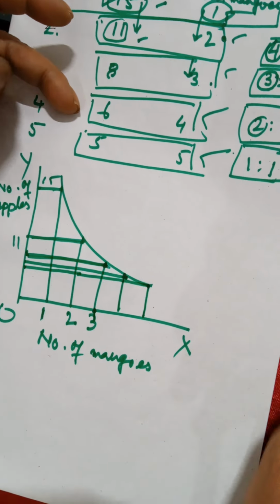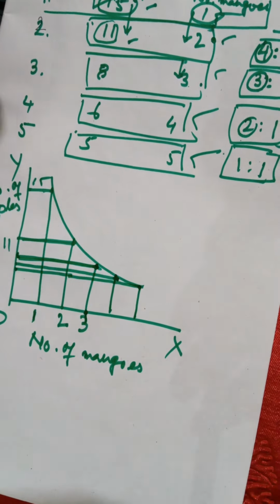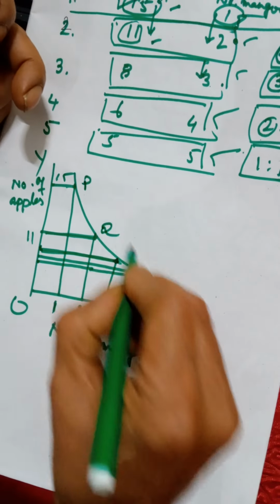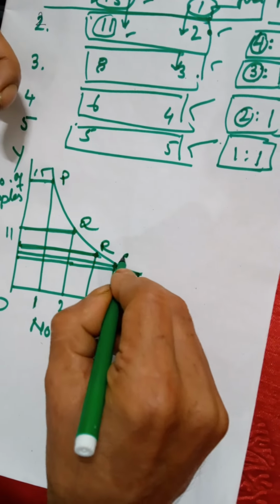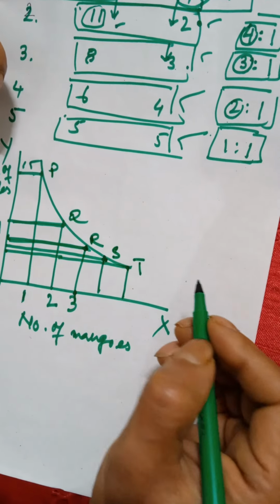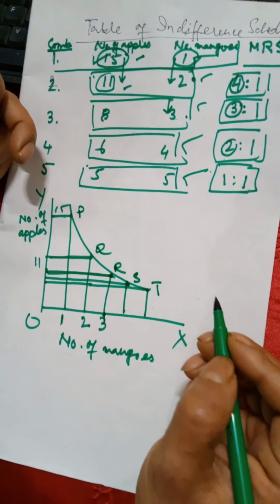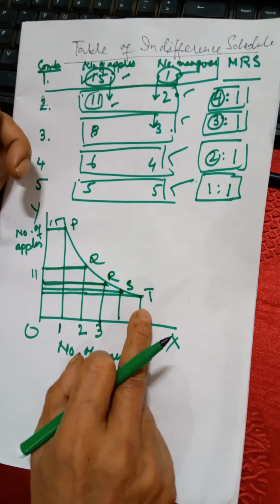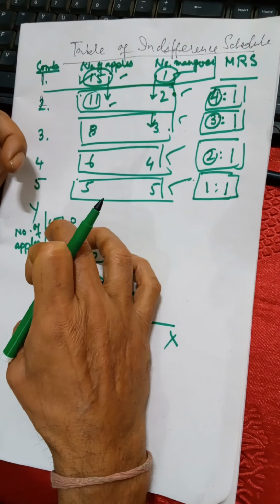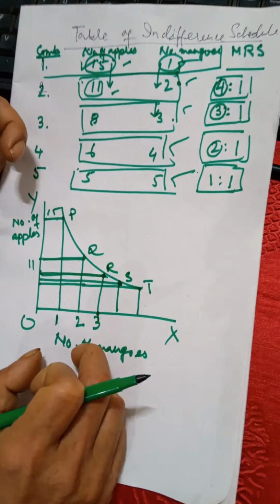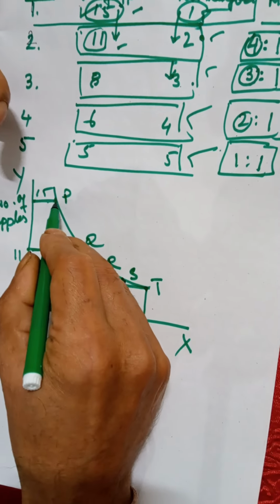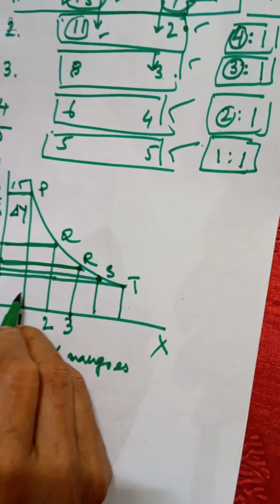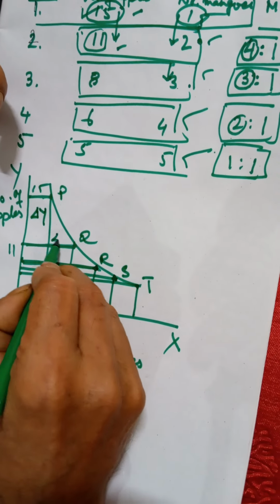So you can see, if we mark these points as P, Q, R, S and T, as the consumer goes down from P to T, he is sacrificing some apples to acquire additional units of mangoes. In this case, the sacrifice of apple is delta Y and acquisition of mangoes is delta X.